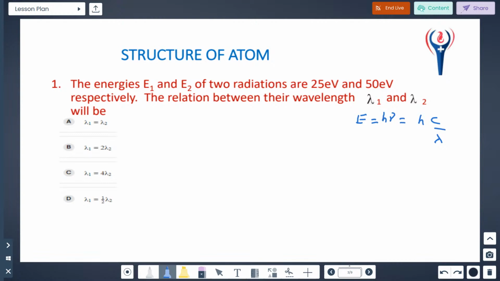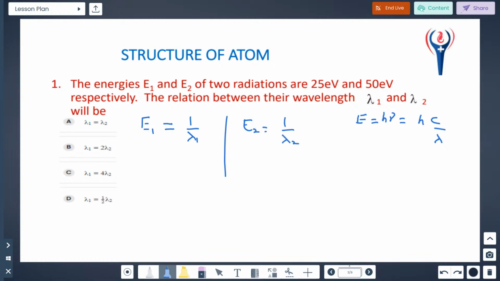Energy and wavelength are inversely proportional. So for the first energy, E1 is equal to 1 by lambda 1. Likewise, E2 is equal to 1 by lambda 2.